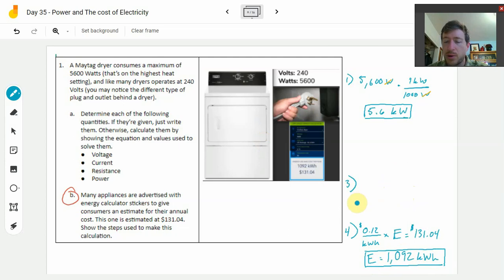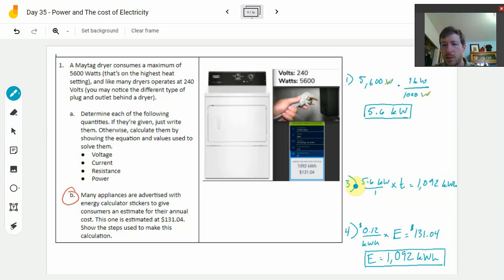So step 3, working backwards in this one. If the energy was 1,092 kilowatt hours, and we know that the power used by this is 5.6 kilowatts, times an unknown time, gives us our total energy usage, which is 1,092 kilowatt hours.